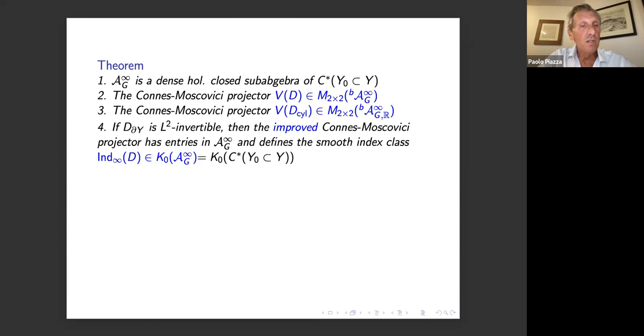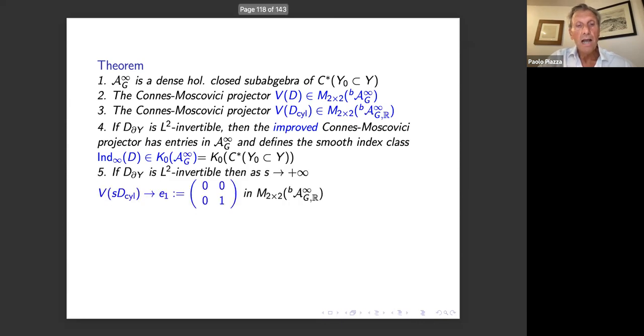Now, if the operator is invertible on the boundary, then we can use this famous improved Kohn-Moscovici projector and define a smooth index class. Another purely analytical result is that the cylindrical classes converge to this matrix as s goes to plus infinity, if the operator on the boundary is invertible.